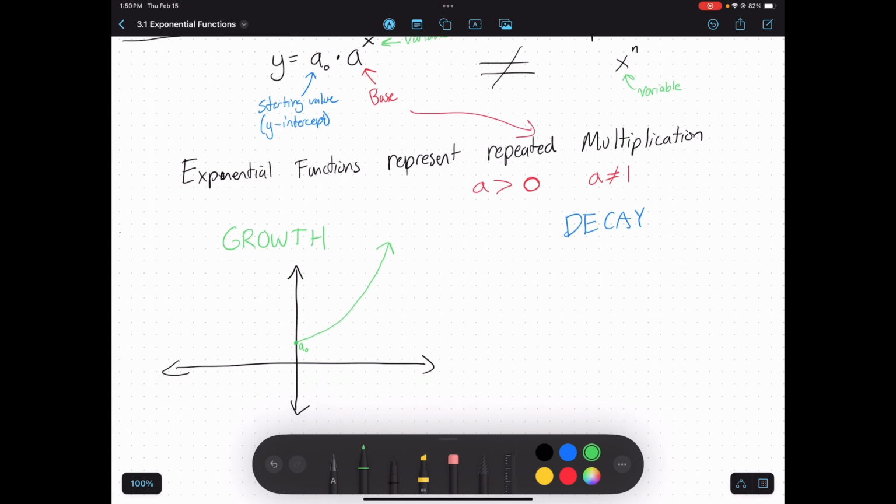Because whatever your a naught is, your next term at 1 will be a times whatever a naught was. And then your next term at 2 will be a naught times a twice. Right? I'm multiplying by a over and over again to get my future terms.